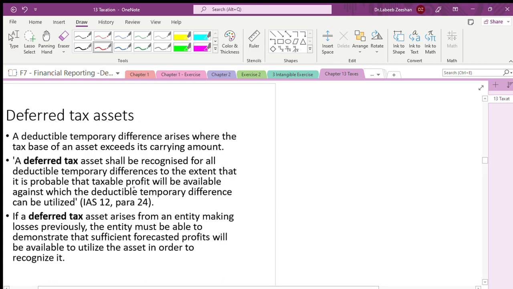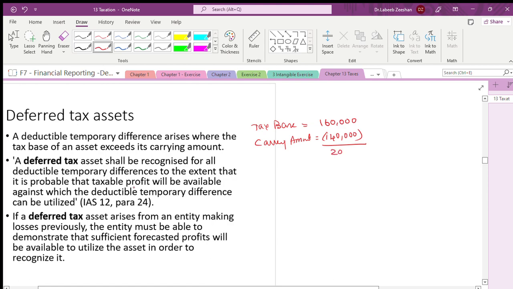What is deferred tax? Assume the tax base, the tax which you have to pay, is 160,000. What is the carrying amount? Carrying amount as per the financial statements. Assume that you have made 140,000, just an estimate.